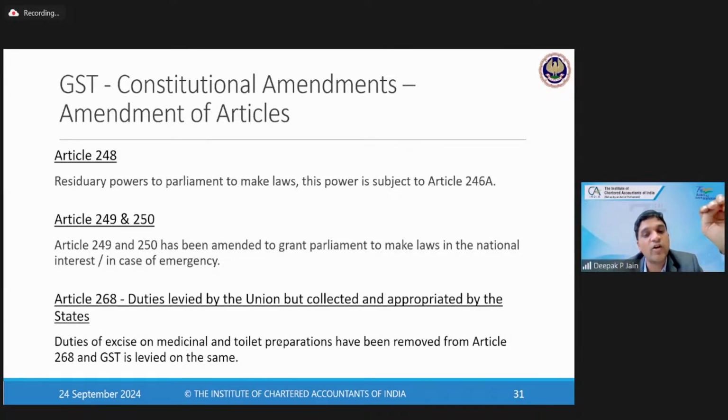Excise on medical and toilet preparations was there, which was removed, which means that on these medical and toilet preparations, now GST will be levied. Okay, if this was not removed, then GST के लिए power नहीं रहता था. That's why they removed medical and toilet preparations, and from 1st July, when the Constitution Amendment Act was brought in and the GST law itself had come in, तब से on medical and toilet preparations GST is leviable.